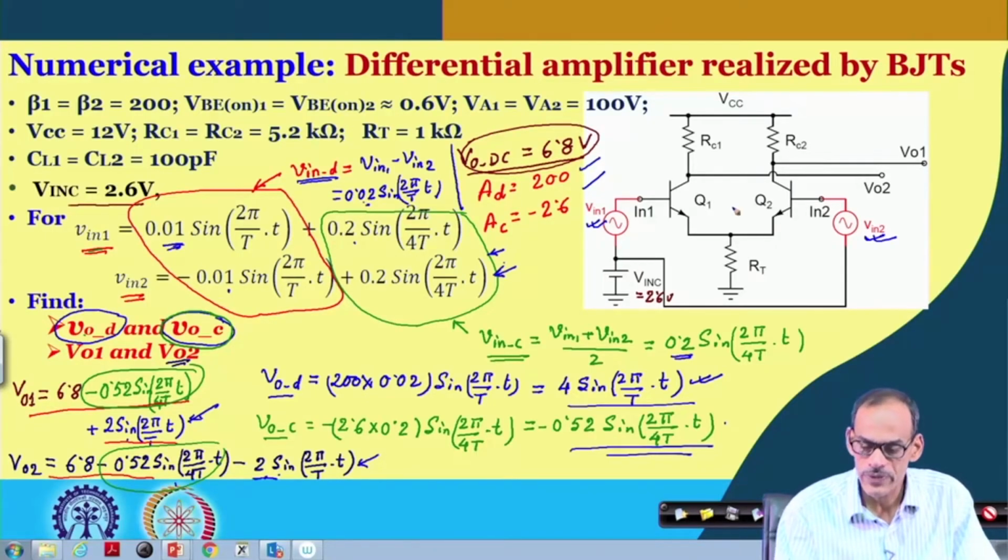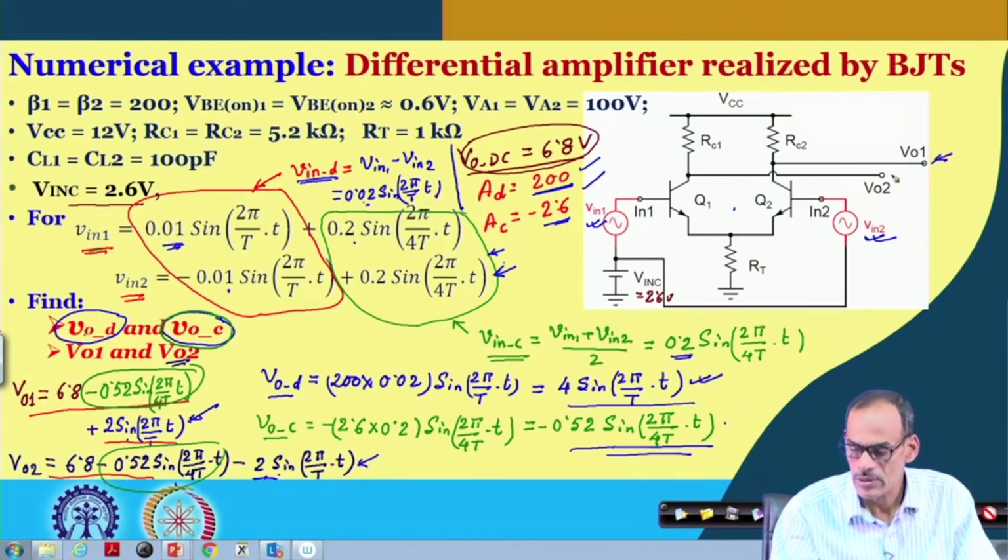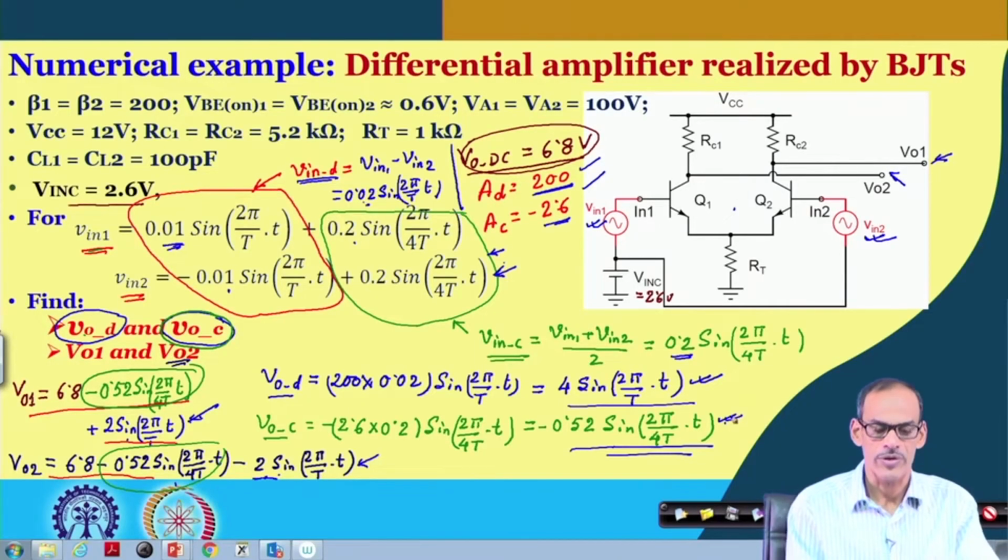And through this differential amplifier, which has a differential mode gain much higher than the common mode gain, at the output we are getting the desired signal with almost 8 times higher amplitude than the unwanted component. The unwanted component is this common mode component, right. So, that is the basic motivation.